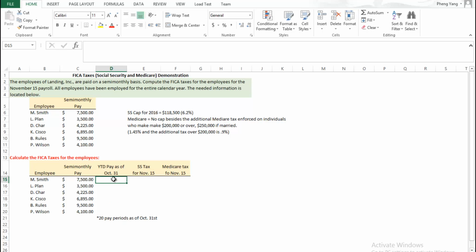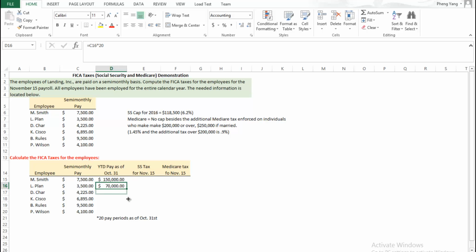So I'm going to go ahead and just do this simple calculation. I'm just going to take 7,500 times 20 pay periods. That's going to give me a year-to-date earnings as of October 31st for Smith. For Plan, I'm going to do the same thing. I'm going to take $3,500 times 20 pay periods for a total year-to-date earned of $70,000.